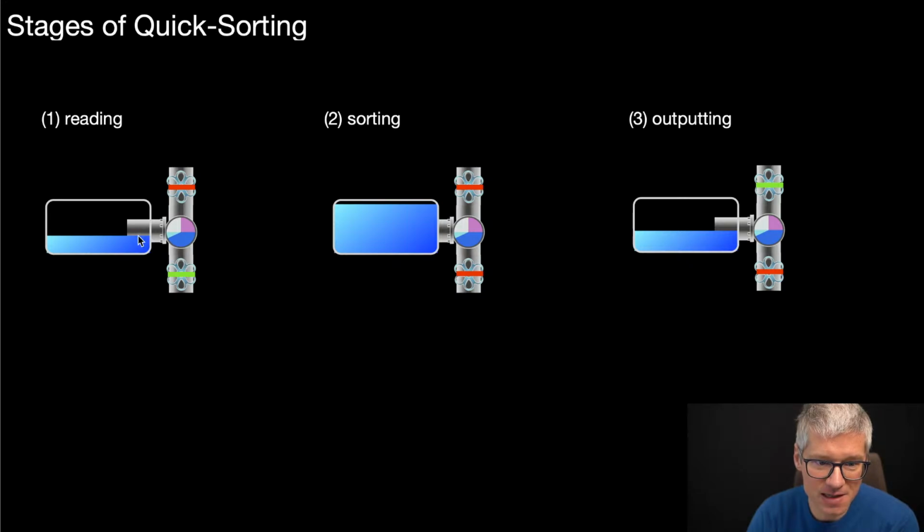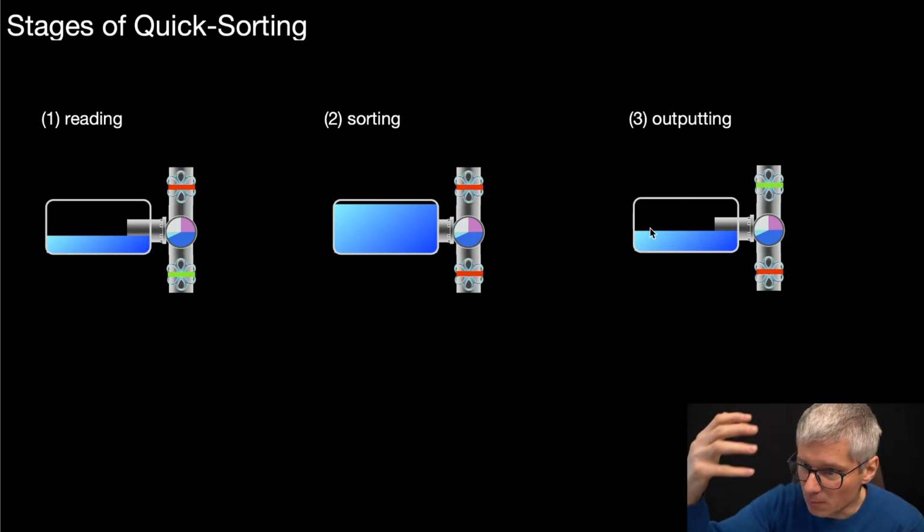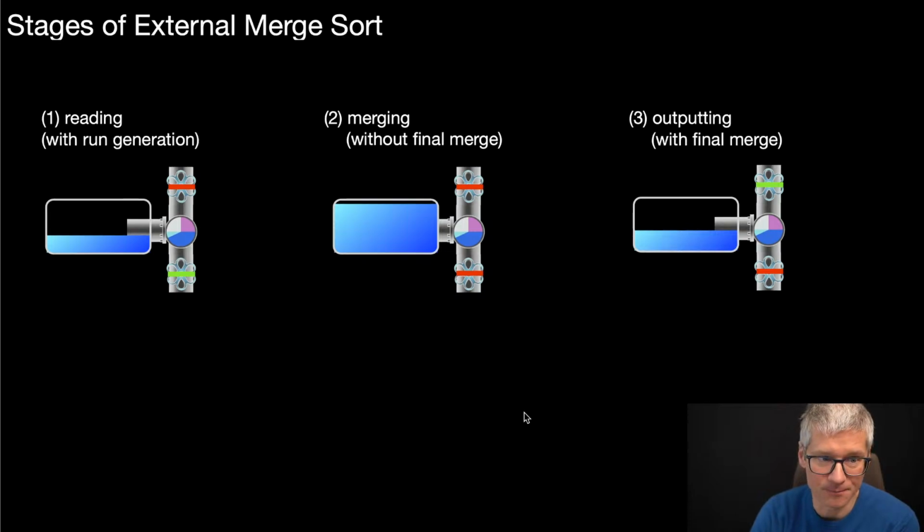It reads that, and eventually, once it has read all the data, it can start sorting. Or if it's just a matter of identifying the smallest element, it can scan once through those elements. Maybe you keep a priority queue for that. But then you can output the elements of the sorted stream one by one. So those are the stages in a sorting operator.